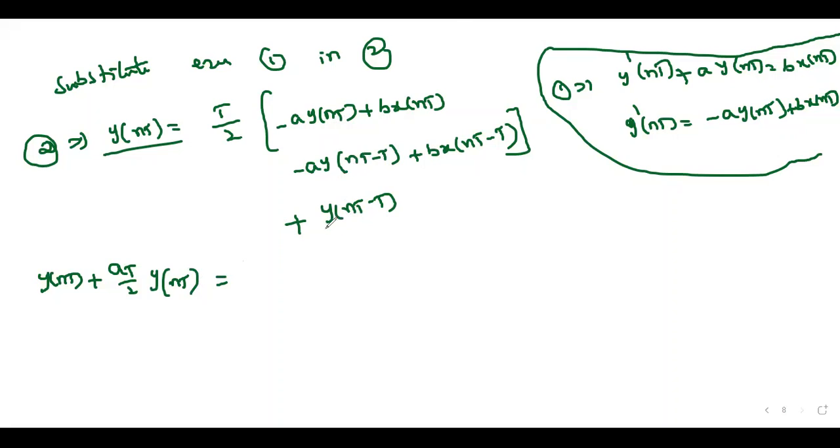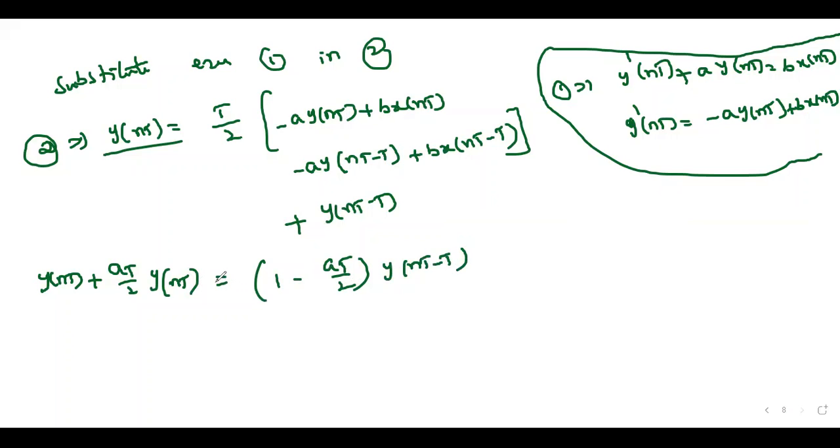Here one term, here one term, therefore two terms are there. First I will write a positive term, this coefficient. Then next is this coefficient, that is minus aT by 2 into y of nT minus T.